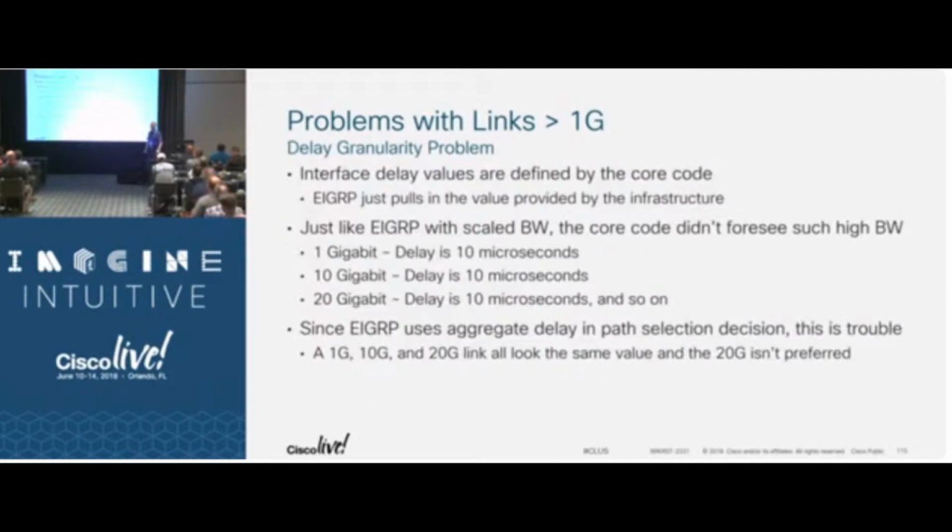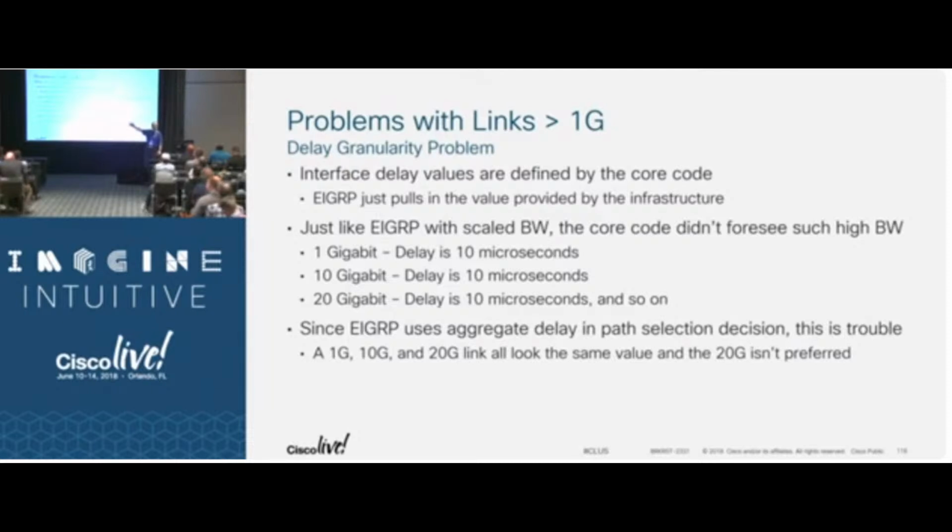The second metric we use is the delay. The delay is just a constant, which is an approximation of how long it would take to send a packet through an interface of a specific speed. This is something EIGRP doesn't even cover. It is hard-coded in the IOS infrastructure, and EIGRP just pulls out the value. Those values have been suggested and tabulated for interfaces of certain speeds, and they don't change starting with 1 gigabit.